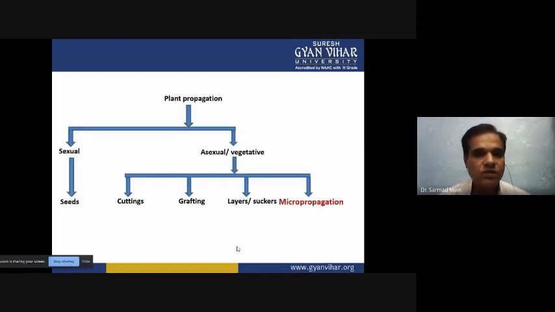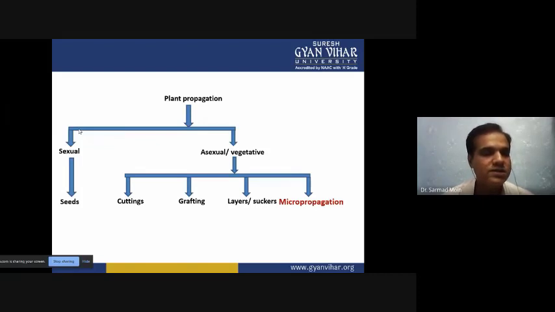Normally in nature we see that plants can propagate using two methods. The first one is the sexual method. Through the sexual method, the plant has flowers, and inside the flower we know there are the stamen and the ovary. The stamen produces the male gametes, and the ovary produces the female gametes, and these male and female gametes are haploid cells, with n number of chromosomes.